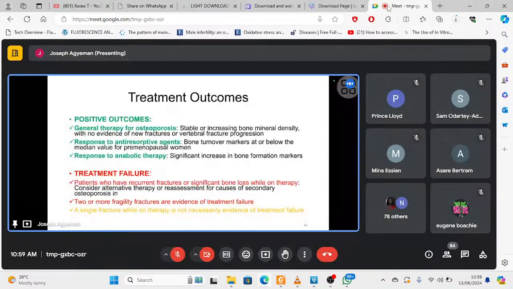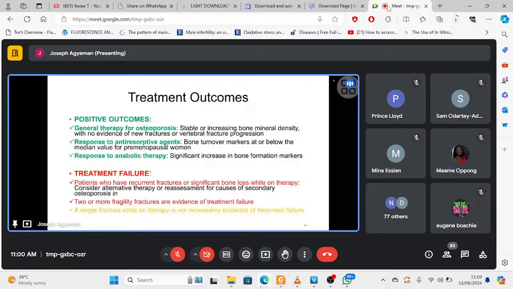Seeing more of these bone turnover markers is positive when you are using an anabolic agent. Meanwhile, when you see them more when you are using an anti-resorptive agent, then it becomes negative. So for anti-resorptive agents, positive outcome means low turnover markers, whilst for anabolic agents, positive outcome means high bone turnover markers.